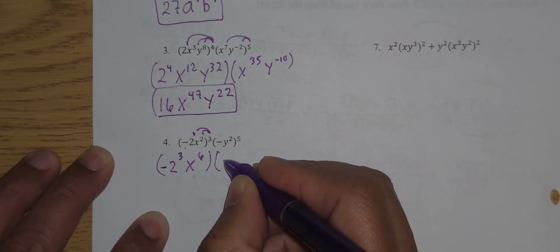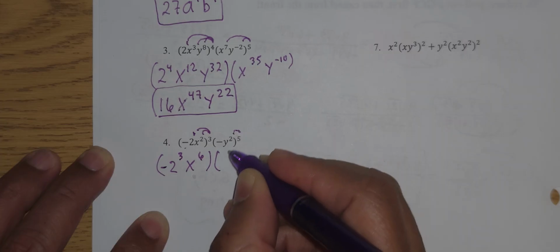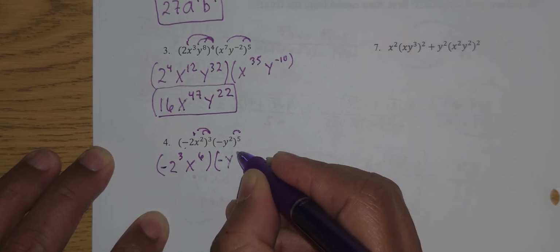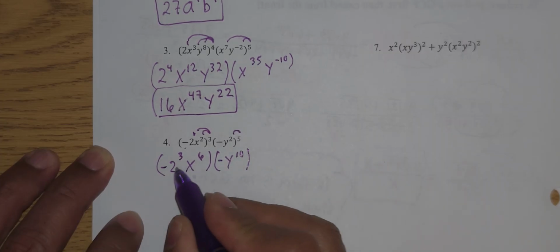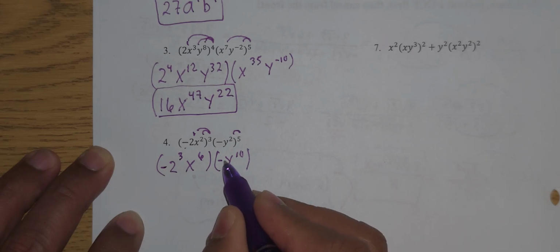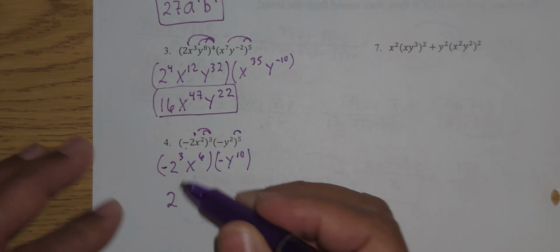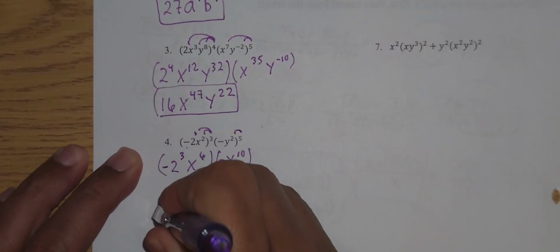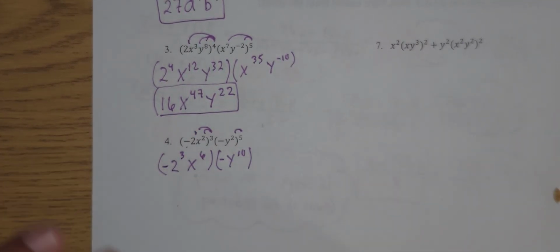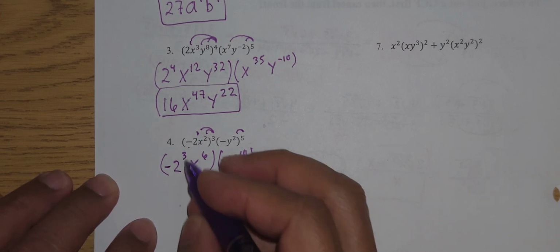Okay, and then this is, let's see, I'm going to distribute that fifth. So negative y to the 10th power. Negative times negative, this is implied to be a negative 1, so that becomes positive. Okay, then, oh, and let's do 2 to the 8th power. So 2 to the 8th is the same as, let me just write it down.